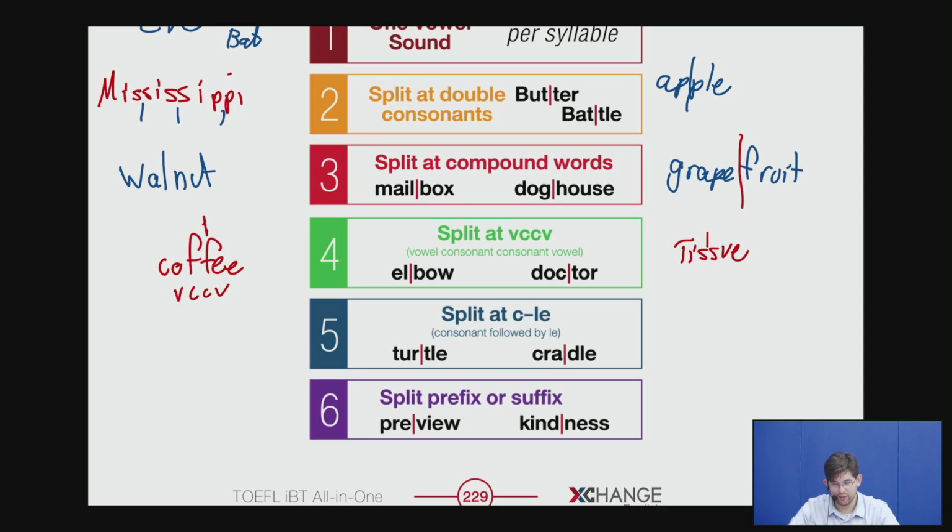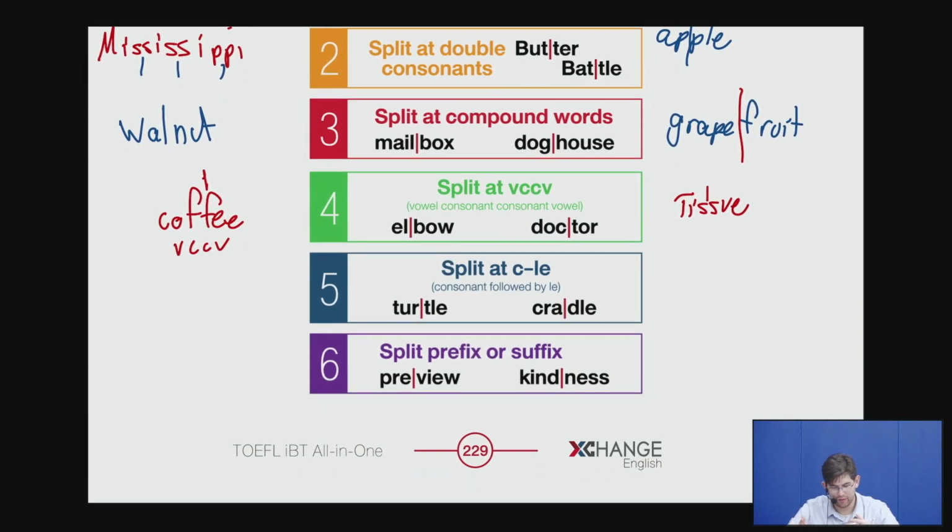Okay, our next one is a bit more complicated, but I think with a few examples, it'll be easier for you. So what it really says is it's split at the consonant-LE setup. So our example is turtle and cradle. And you can see the consonant LE and the consonant LE setup. So a few more examples of this that you've probably seen more commonly are things like doable.